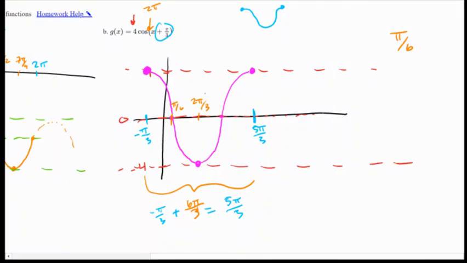Then I would add 1.5 pi over 3 to this one, which would give me 3.5 pi over 3, which is the same thing as 7 pi over 6.